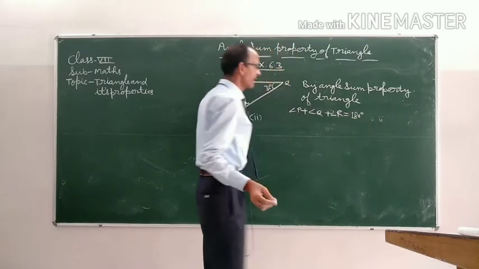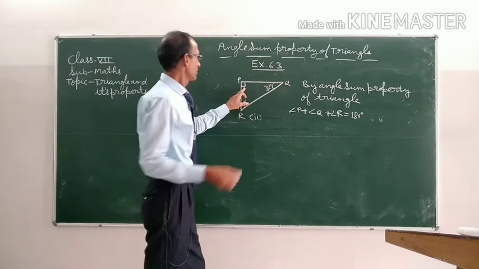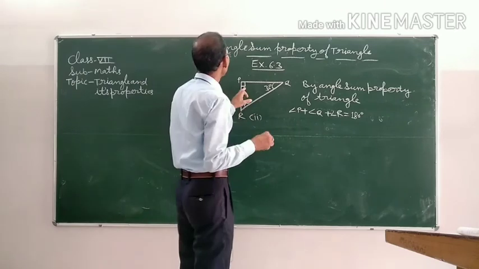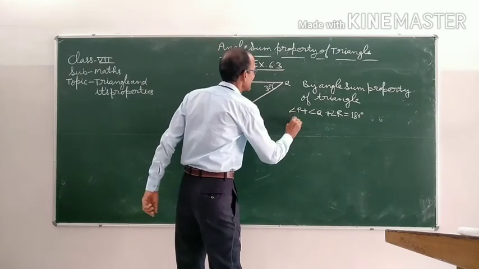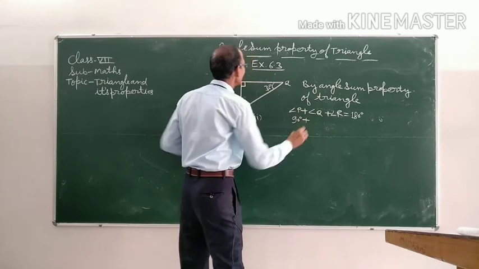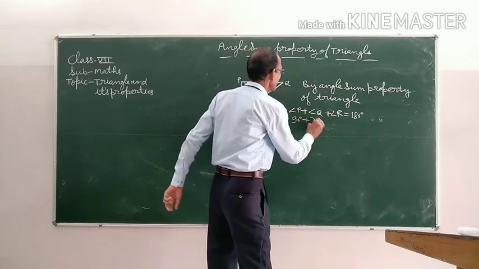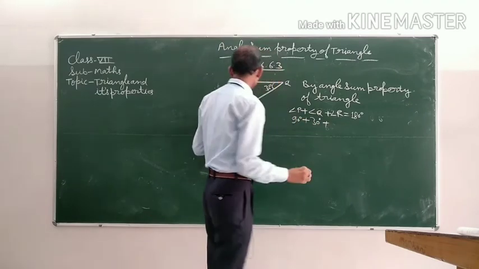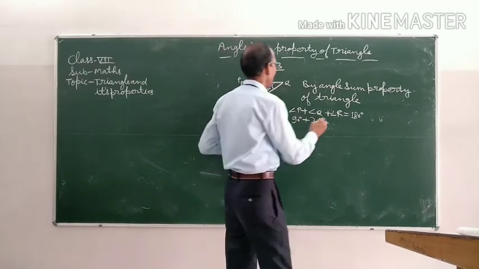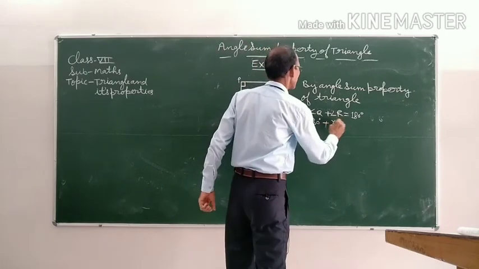Okay? Here angle P is symbol of 90 degree, means angle P is 90 degree, plus angle Q is 30 degree, plus angle R is X.